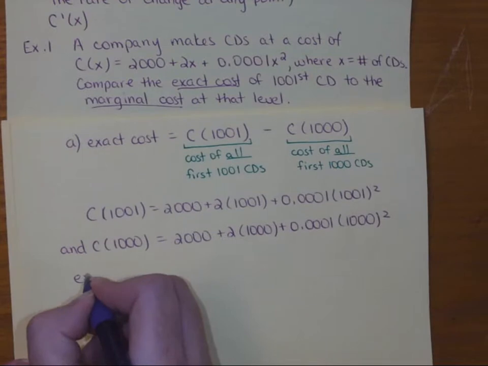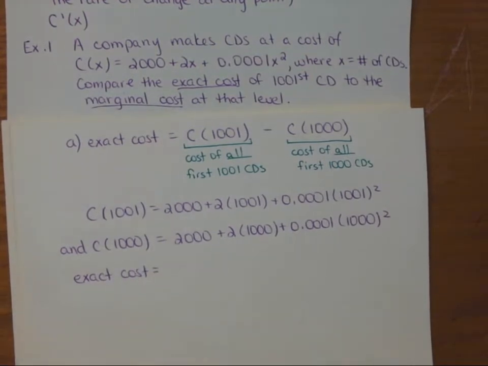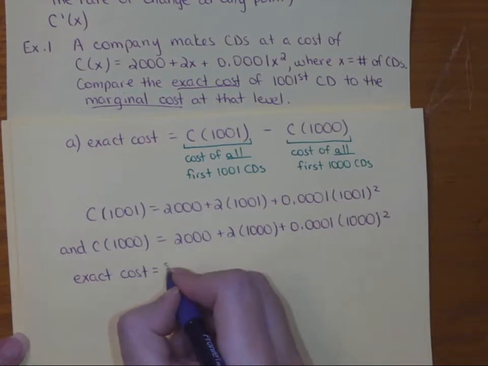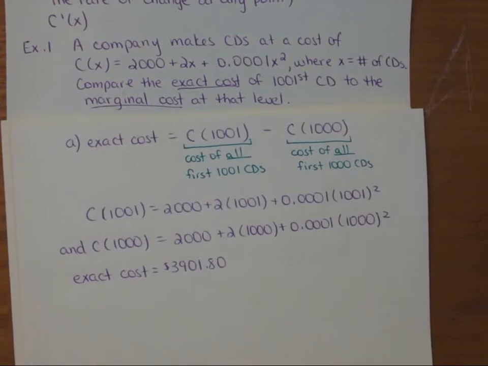I'm not going to show you that on the calculator. I feel confident you can enter that in. If you enter 1,001 into the original cost function, you get $3,901.80.